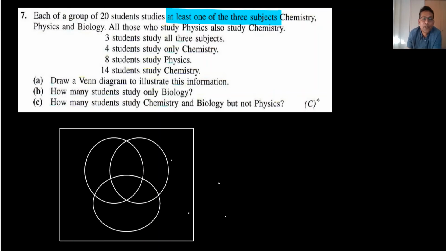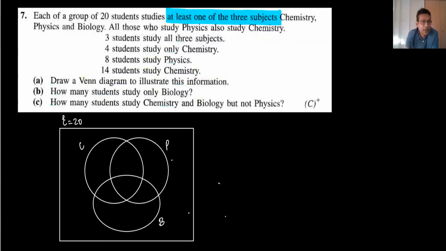Physics, chemistry, and biology. So chemistry is here, physics is here, and biology is here. 20 students study at least, okay, and total students are 20. First of all, I would like to think about the common part. Do we have something common? All those who study physics also study chemistry.